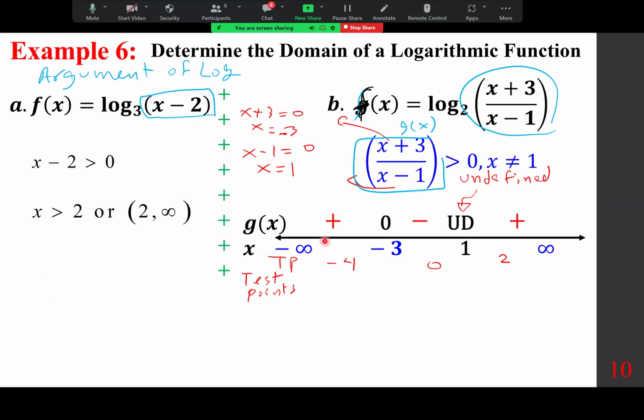Therefore, the answer is here and here, which means from negative infinity to negative 3, union 1 to infinity. That's the meaning of it. Negative infinity to negative 3 is because it's positive here. Union 1 to infinity. That would be the answer.